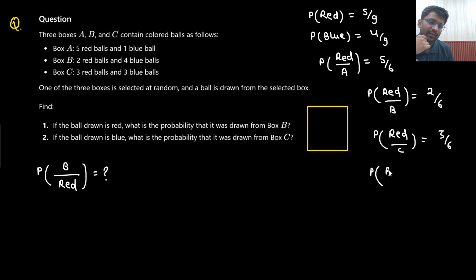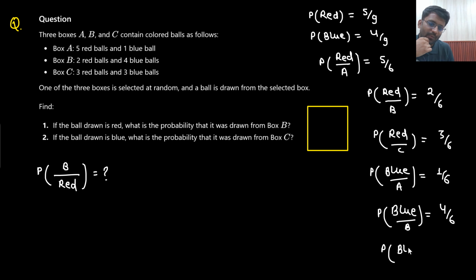Probability of receiving blue ball, given that box A was selected, 1 by 6. Given that box B was selected, 4 by 6. And given that box C was selected, 3 by 6. I know all these things by the probability flow diagram, right?